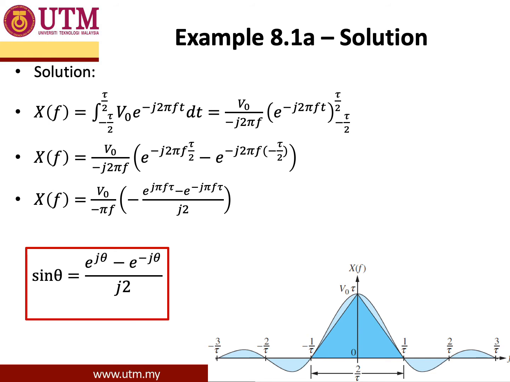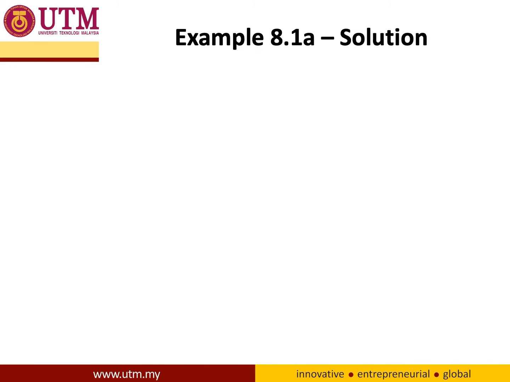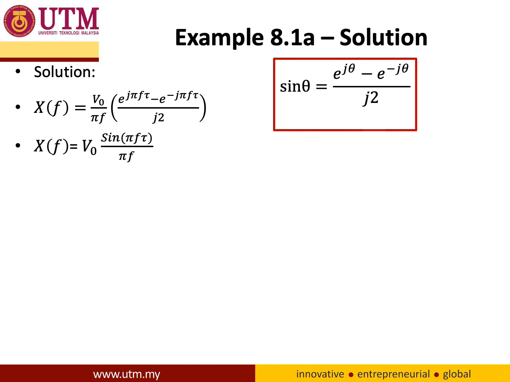And we know that from the sine equation, we have sine theta equal e positive j theta minus e minus j theta divided by j2. And we can rearrange the answer that we get in the third line into the format of sine theta. Rearranging our equation, therefore X(f) equals V naught sine pi f tau over pi f.